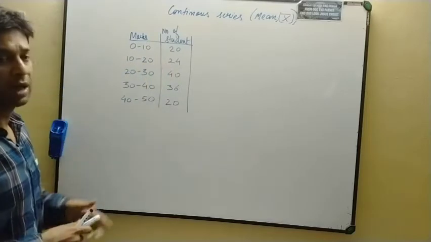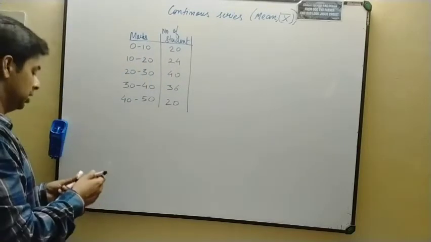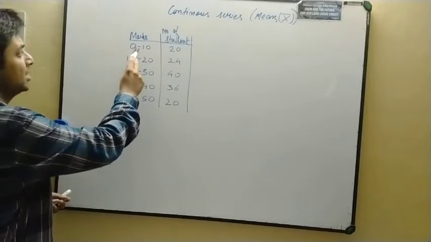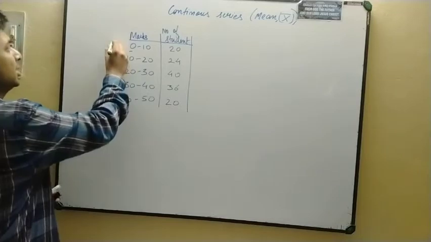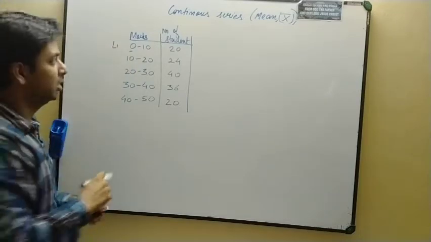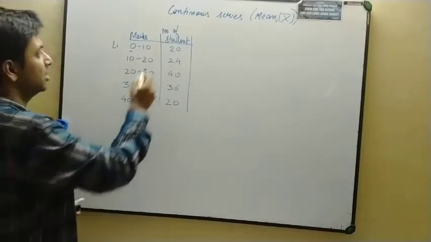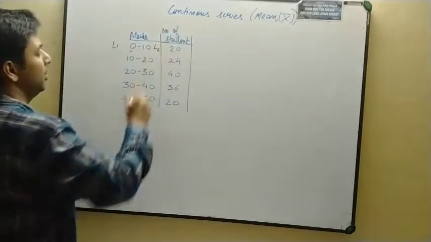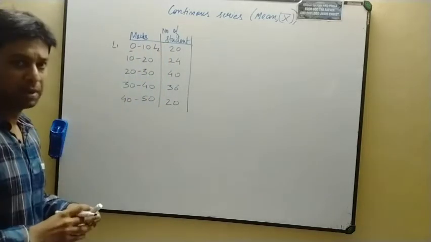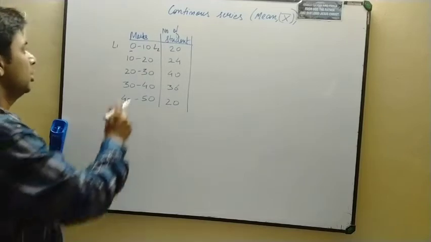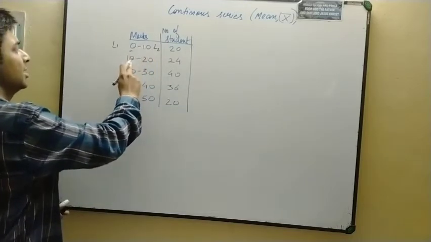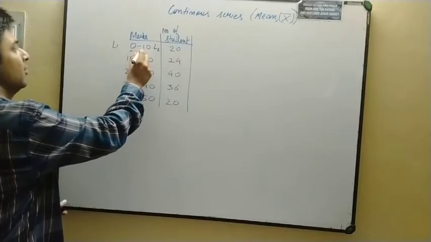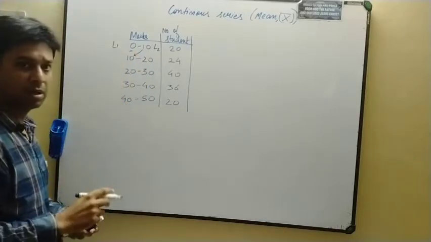So this is again a kind of continuous series, but make sure of the limits. This 0 is called the lower limit, or L1. Here 10 is called L2, or the upper limit. When this lower limit is there, the next class interval should begin with the same number.